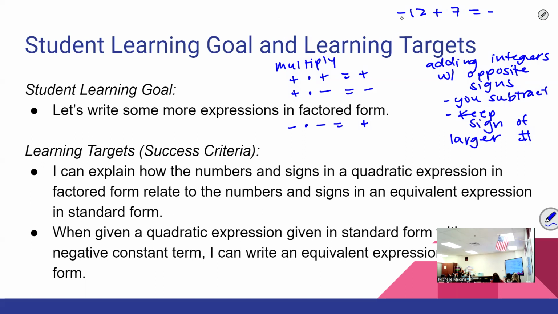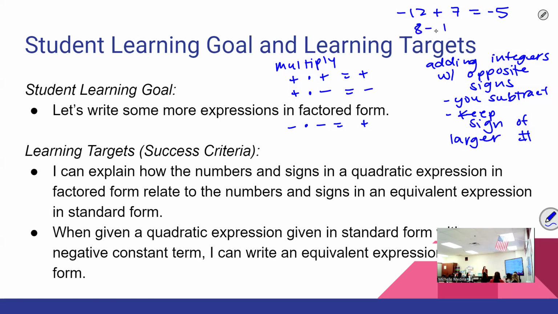Negative, because you always keep the sign of the larger number. What is the answer? What is negative 12 plus 7? And then you keep the sign of the larger number, so it's a negative 5. So really, in my head, I subtracted them, 12 and 7, but I always keep the sign of the larger number. Let's try a different one.